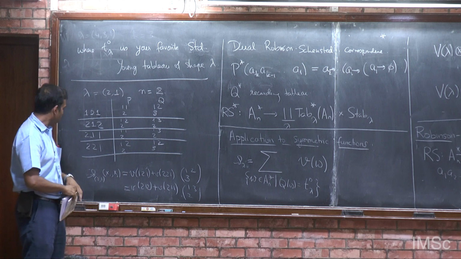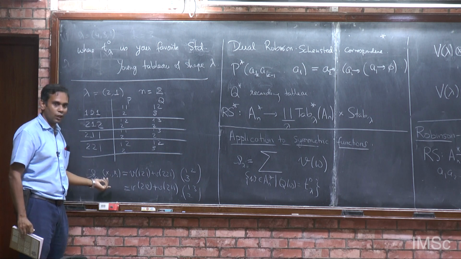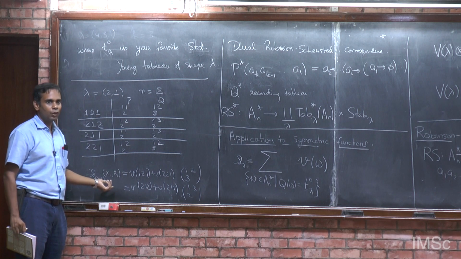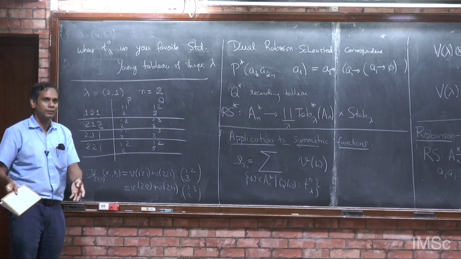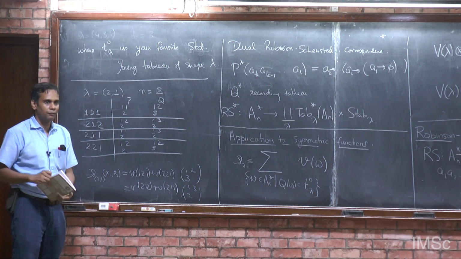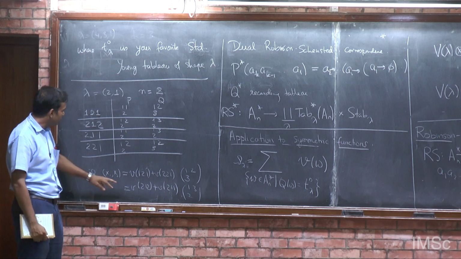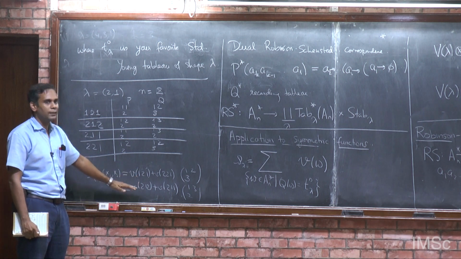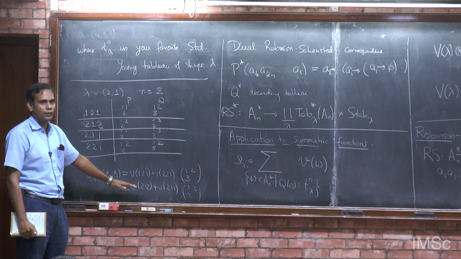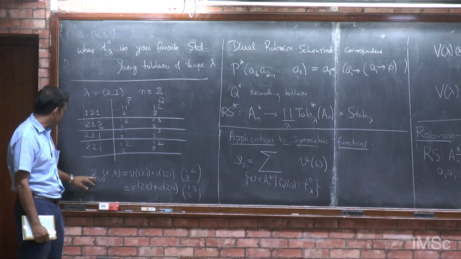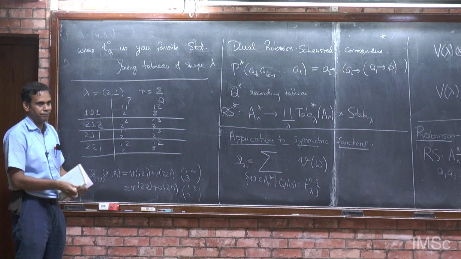So you get two different realizations of the Schur function, and what you should view them as, in the context of Vishwanath's and Raghavan's courses, is that these are two different path models for the same representation V_{2,1}.